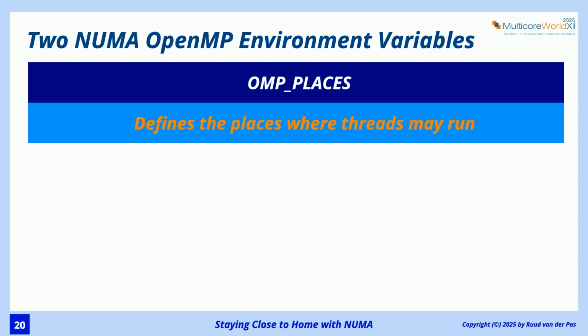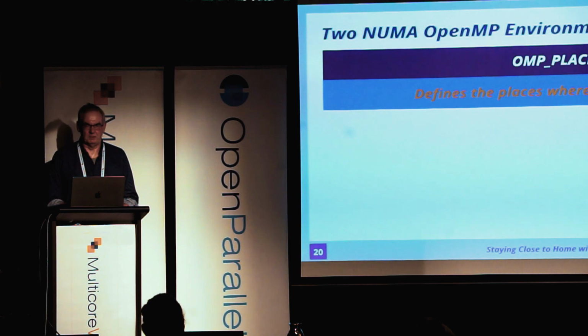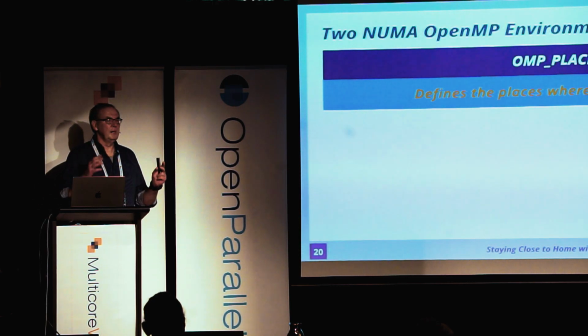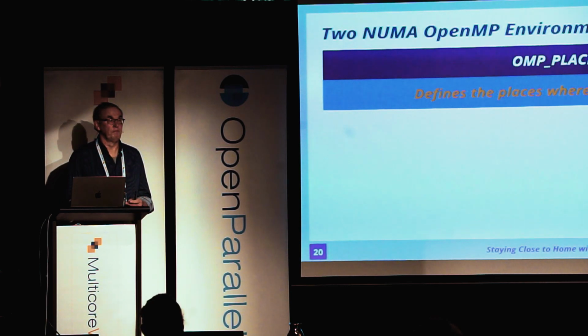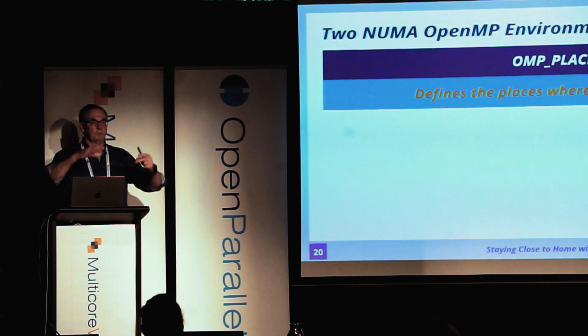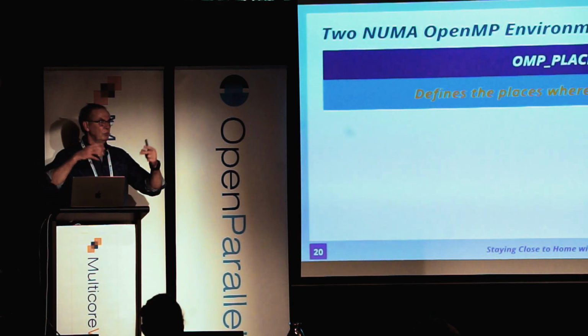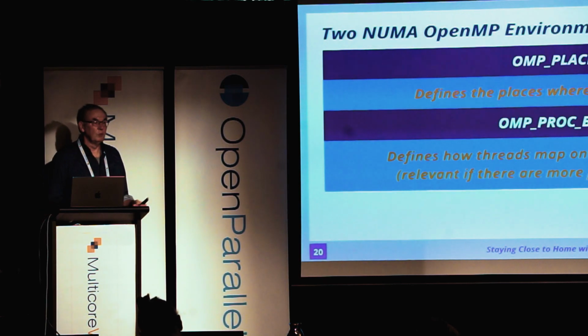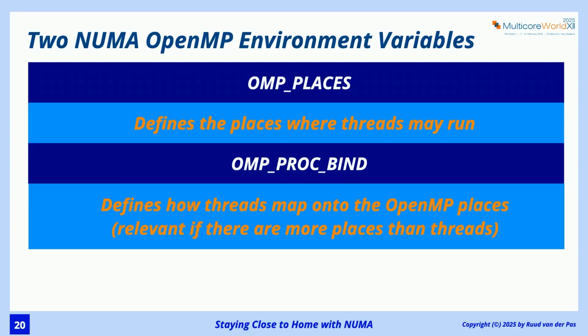So in OpenMP, you get 2 ways to control things at the NUMA level. You get an environment variable, and I put in the name here, but it doesn't matter. With that, you define to the system where you allow your application to run. You can have a really large system, and you can make it as small or as large as you want. Then another variable will map your threads onto those places.